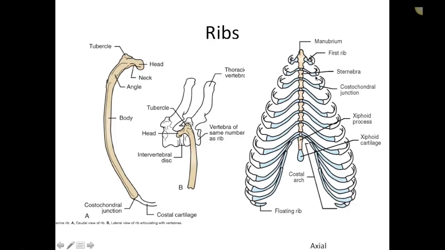We have rib 1, 2, 3, 4, 5, 6, 7, 8, 9, 10, 11, 12, 13. Now, what do you notice about 13, 12, 11, 10? Those ribs in particular create this costal arch. They are linked together and held together via cartilage, whereas for the others, the cartilage actually connects into the sternum itself. So it's just something to note.